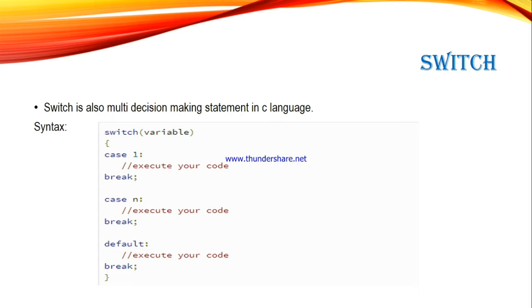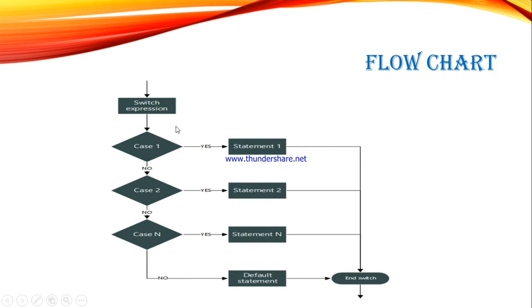Break is generally used in loops or switches or in control statements. Break is also used in nested loops. And we see the flowchart. Switch expression, case 1. If case 1 is true, statement 1. Case 2, statement 2. Case n, statement n. And by default we have the default statement and the end of the switch.